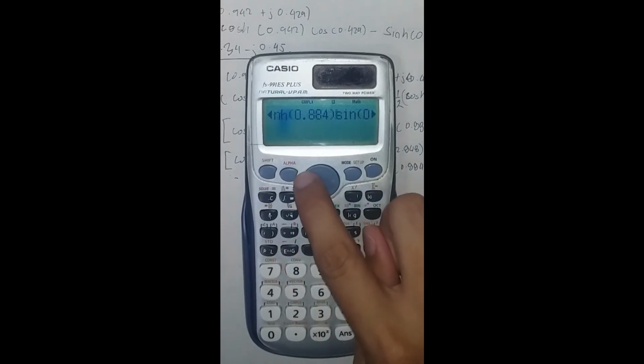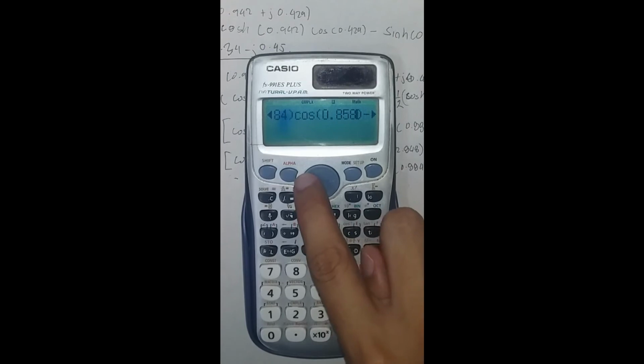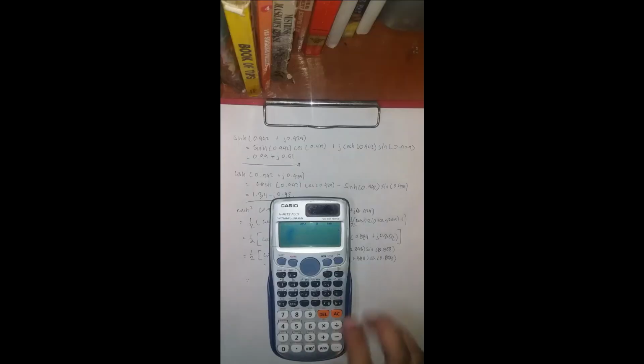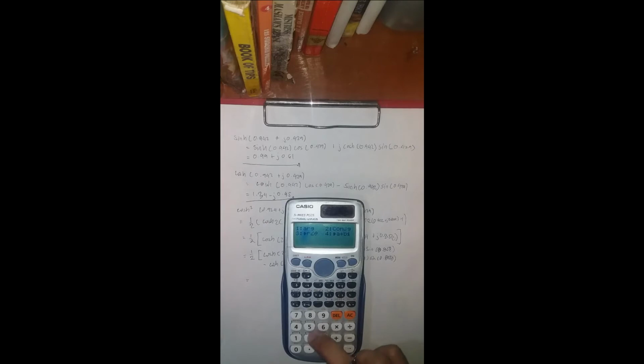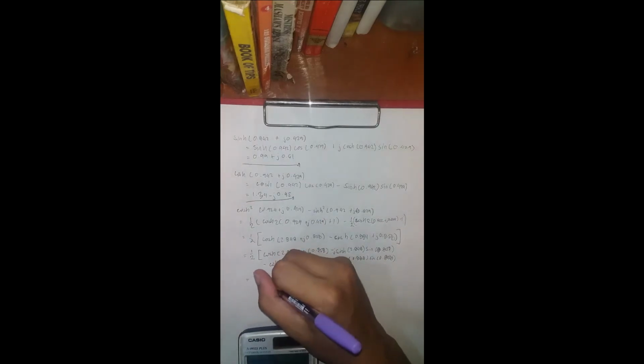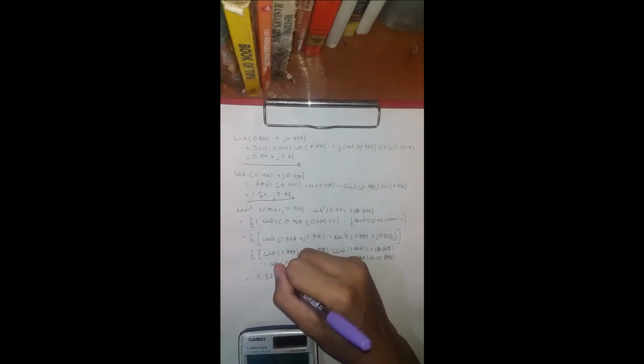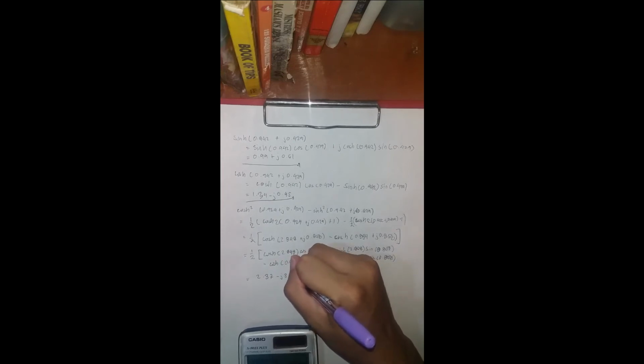I forgot to put the i here on the paper and also in the calculator, so let me just edit it in. So here i. We have to put here i or j. Shift complex 4, equals. So the answer here is 2.37 minus j 3.63.